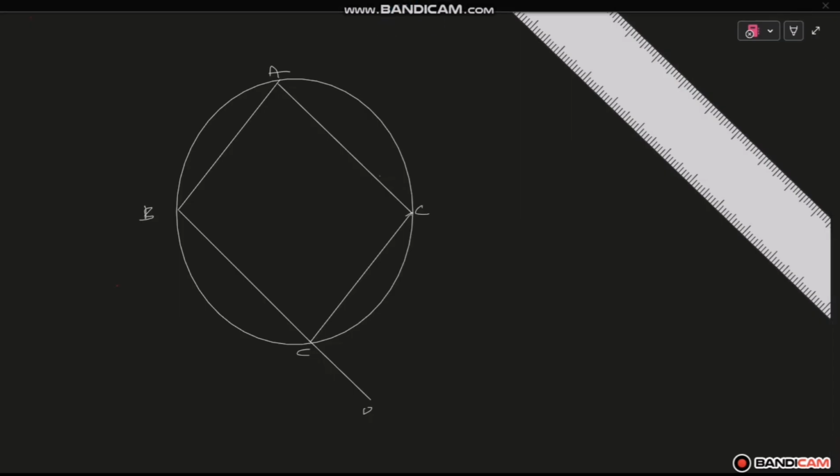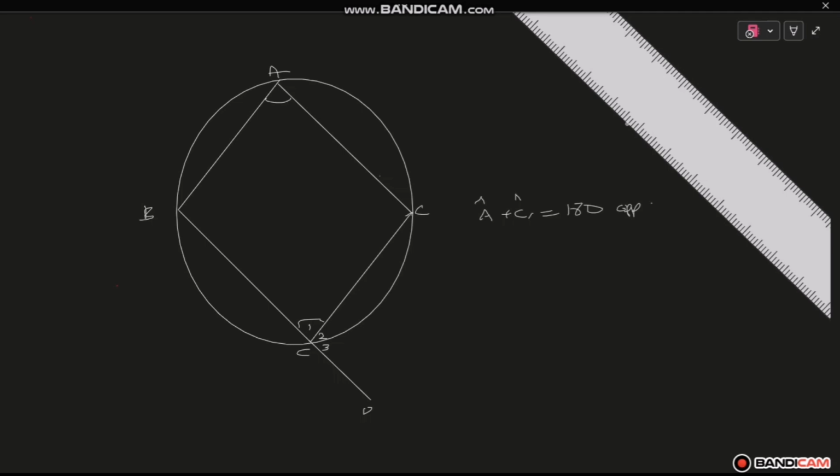Let's say we have angle C1 here, C2 and C3. So what you must know, angle C1, its opposite side is angle A. Therefore angle A plus angle C1 equal to 180.